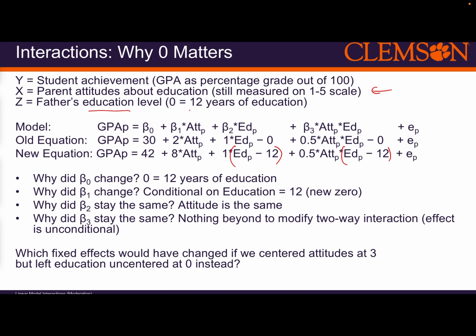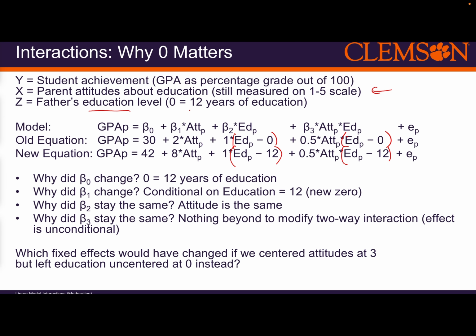To denote this a little bit differently, in the previous model we'll just denote education minus 0 there. It's for didactic purposes, to describe what's happening here. Now, I would also want to center attitude, but I'm showing you this because I want to show you what happens to each of the terms when we only center one of them, right?